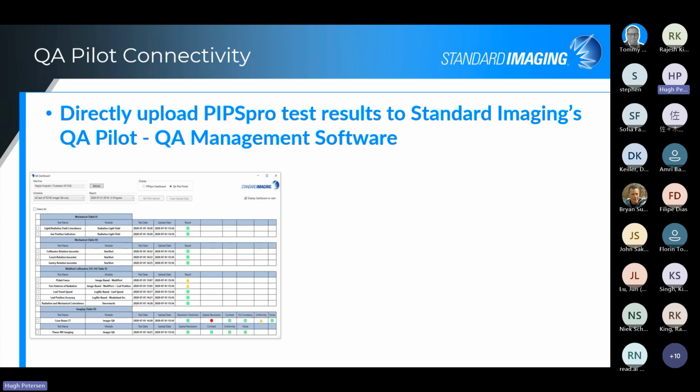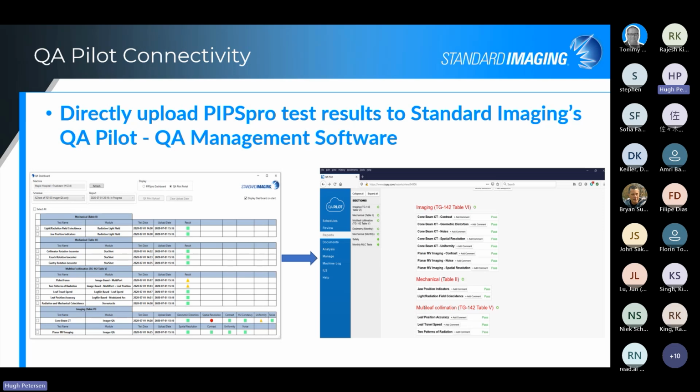Those can all be pushed into the QA Pilot software for storehousing of your QA analysis, trending, tracking, and reporting, all components within QA Pilot. So you can take those results and move them right into the different QA Pilot components.